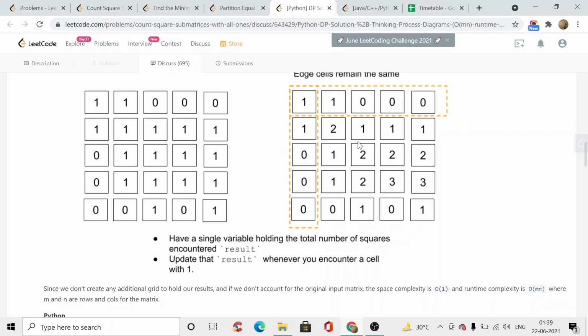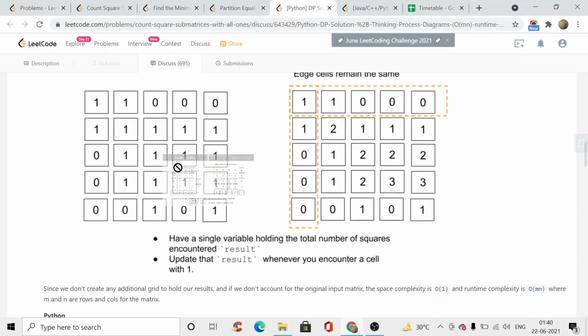Because you know that if you're able to make a square of size 2, then you're definitely going to make a square of size 1 because everything is 1 in it.